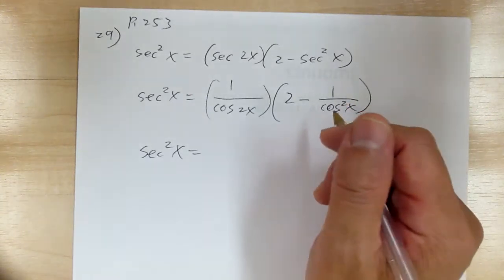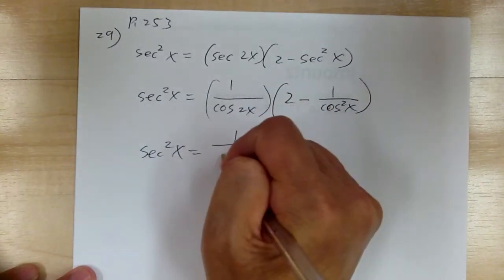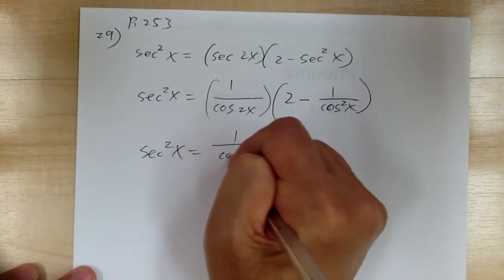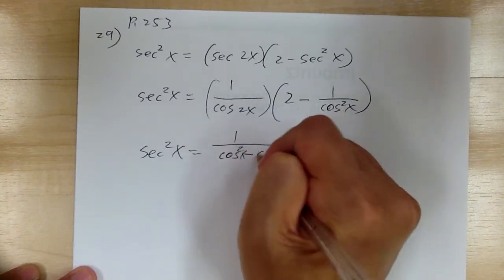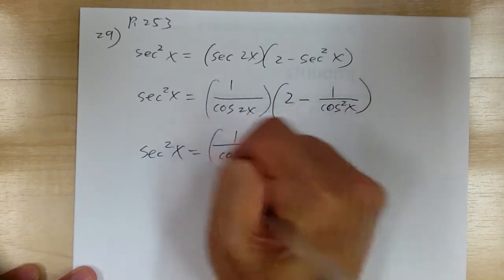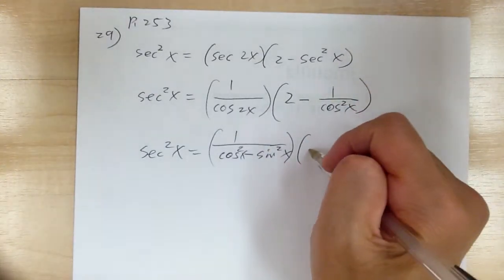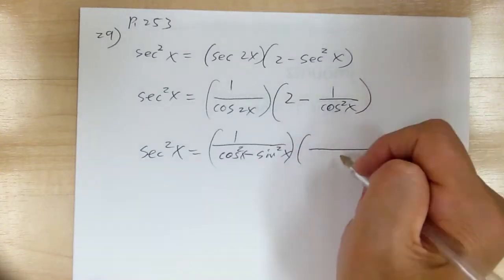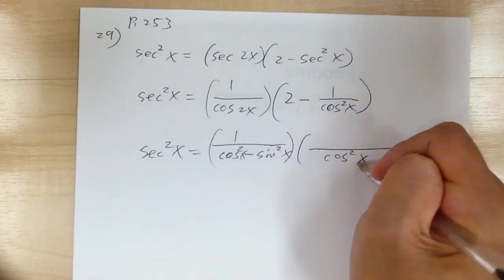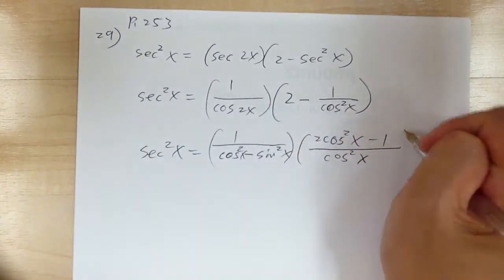If it doesn't work, you just try something else. So you're going to have cosine squared x minus sine squared x. And this one you make into a common denominator. So when you subtract, you get cosine squared x, so you're going to get 2 cosine squared x minus 1. Okay.